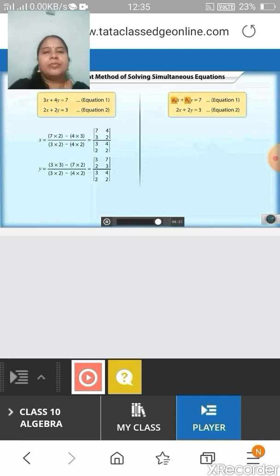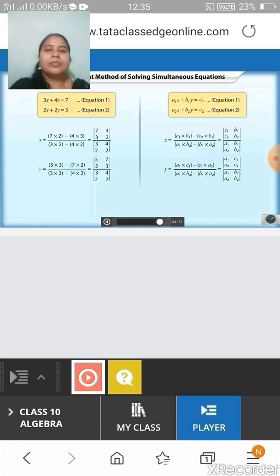Consider these two general linear equations. Now, the corresponding values of x and y can be written in the determinant form as shown.